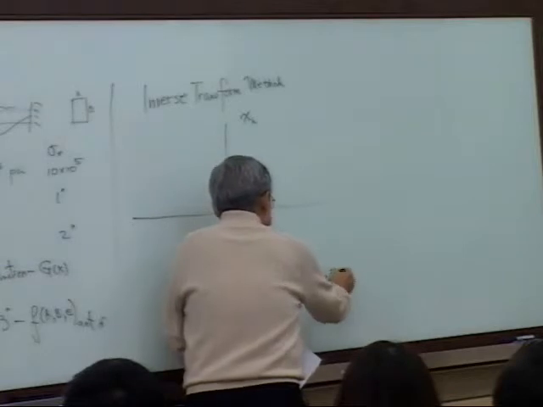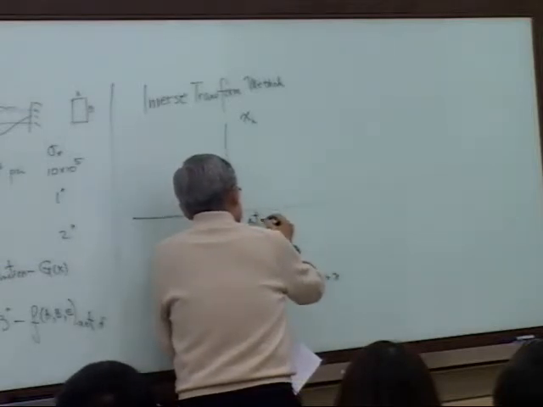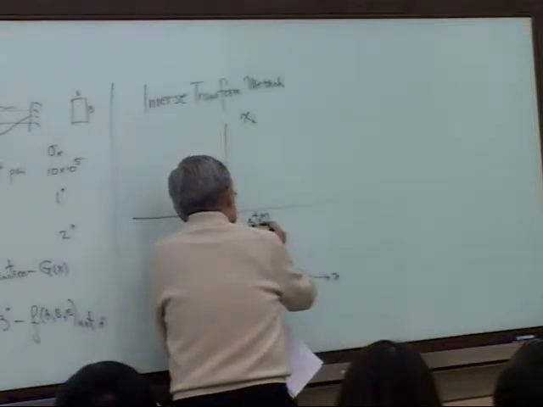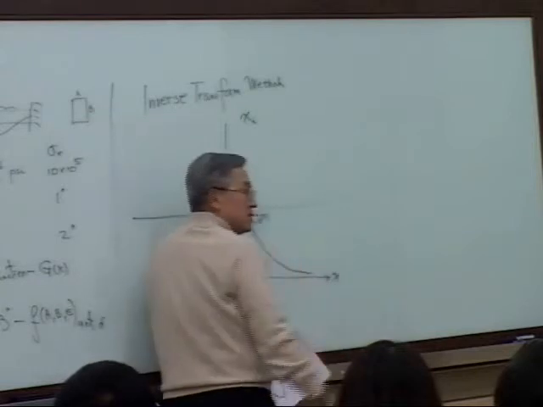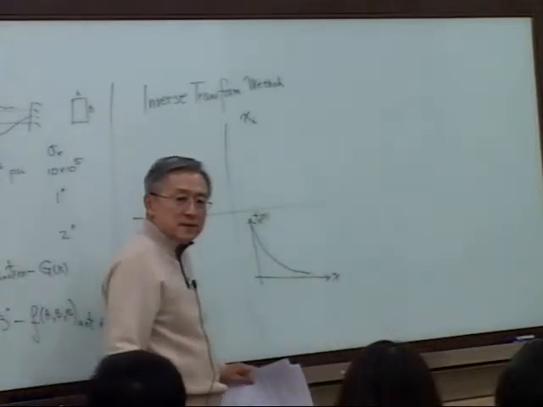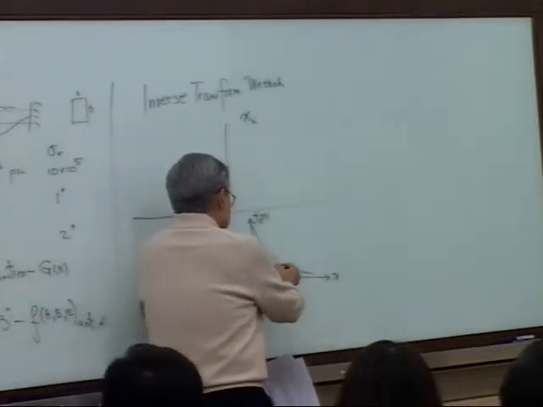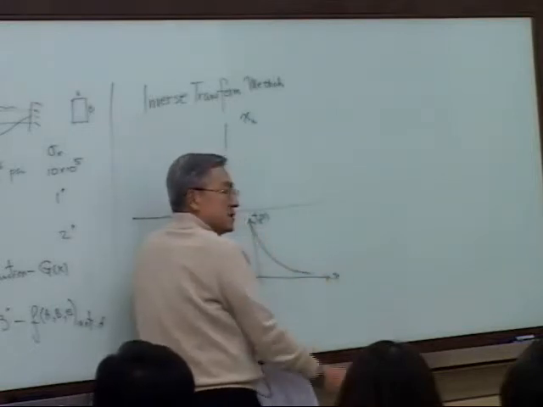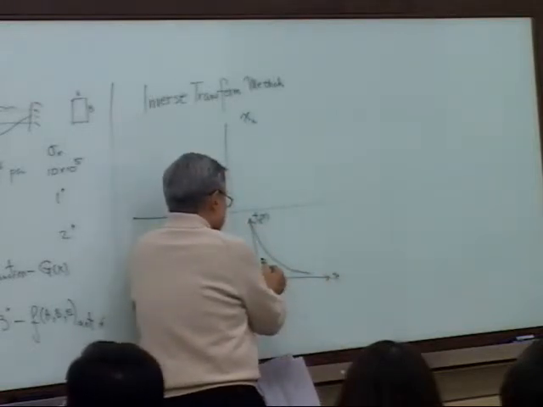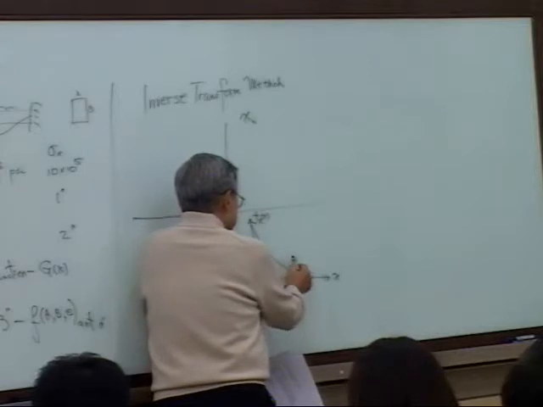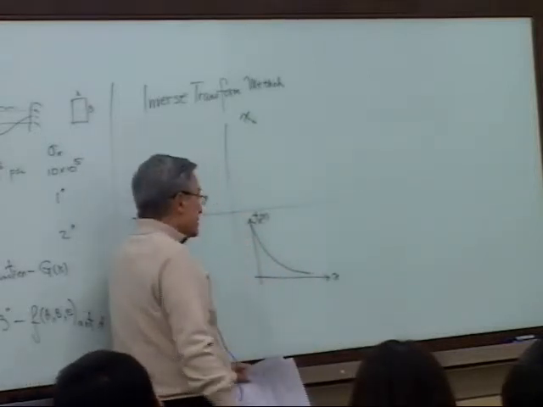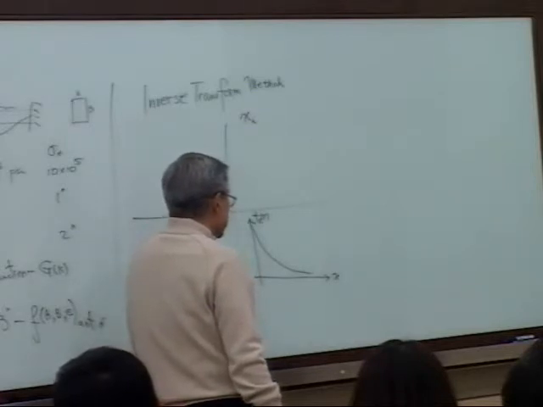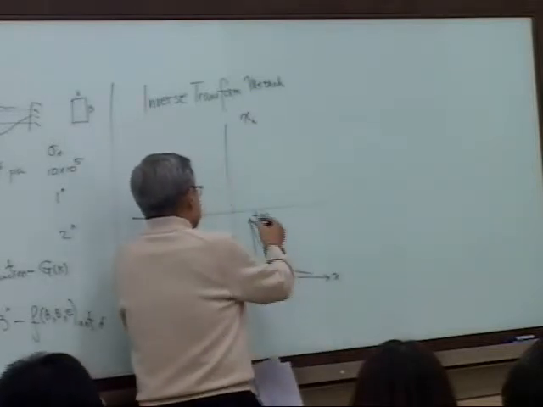So this is x, this is of course fx. Exponential naturally goes like that. If it is a normal, it should go like this. If it's a uniform distribution, it comes straight out like that. But let's say generally, just to draw the exponential.